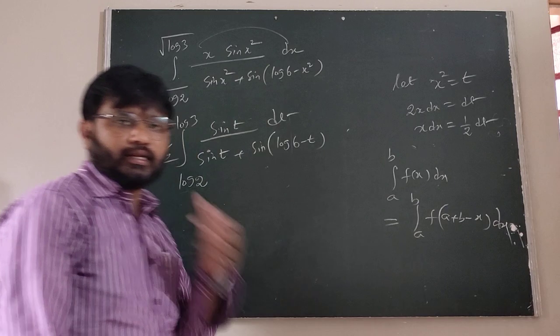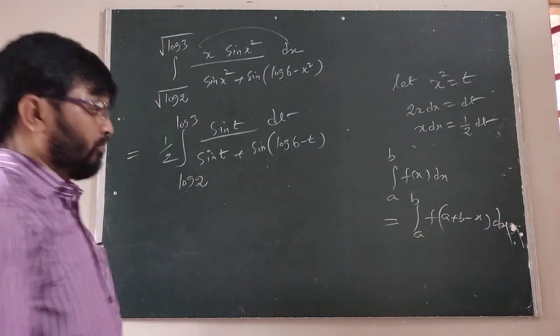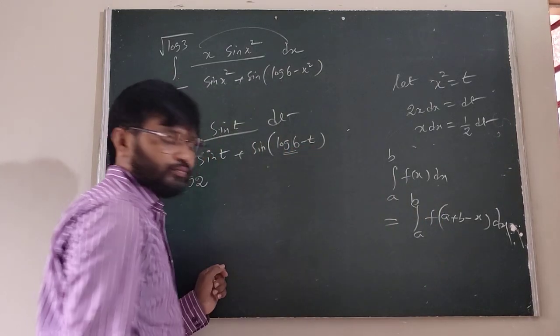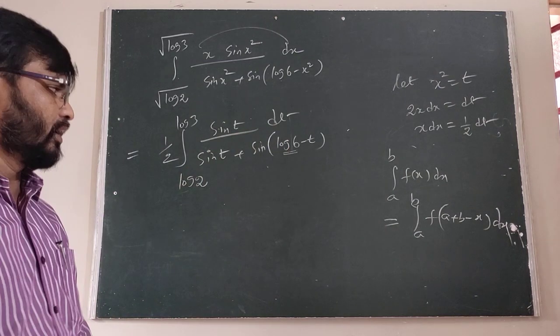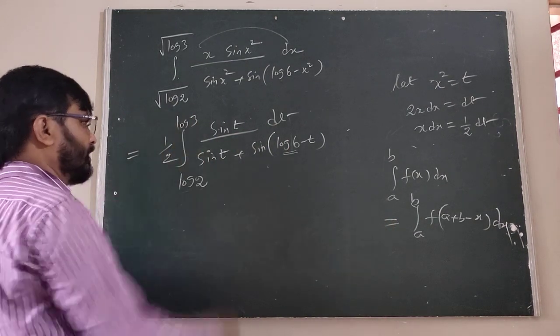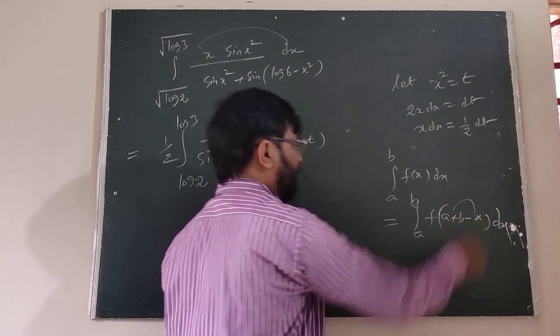Is it clear? Why are we applying this property? Because of log 6. The simple logic is that log a plus log b is log ab, so a plus b is log 6.